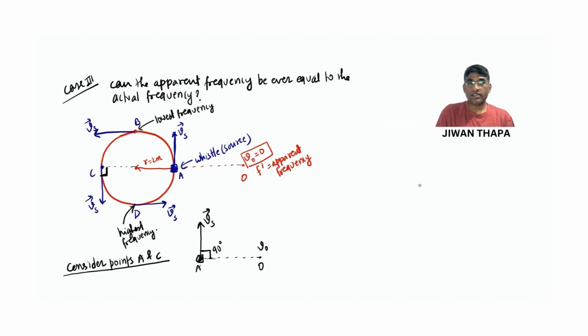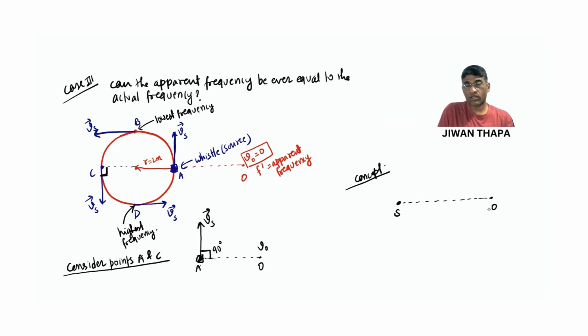Now, let us understand this problem in this way. So this is a concept. Let's say we have a source, and we have an observer.